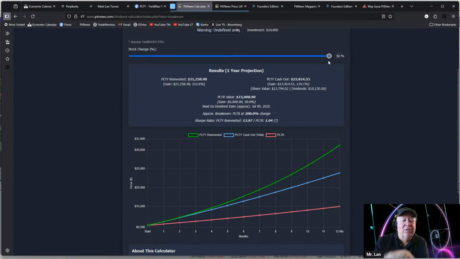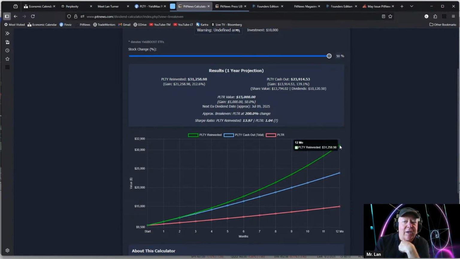So I need to actually extend the calculator beyond 50% and find out where PLTR without dividends, growth only, will outperform PLTY. Because at 50% growth on PLTR, it's still not going to outperform PLTY with cash out alone.